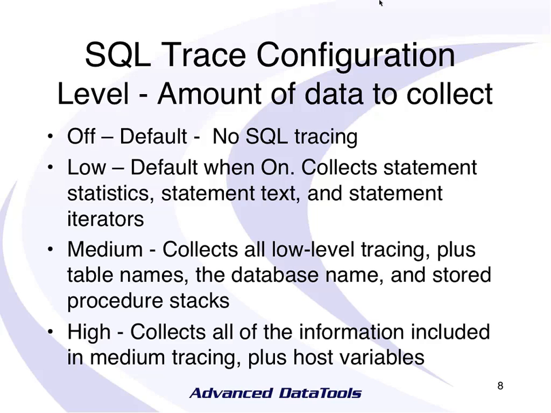Medium adds a little bit more, particularly the database name, and that's the one thing I wish was in low that is not there. You can see the SQL statement, but if you have multiple databases in low, you don't know which database that SQL statement is running on. You have to go to medium to see that. And then high creates a lot more data.